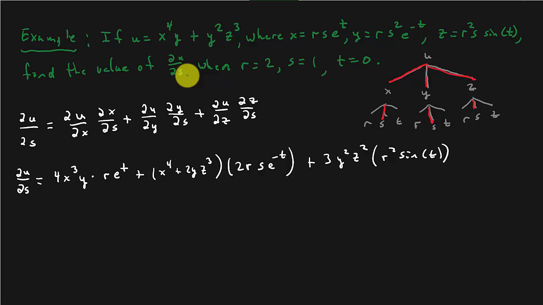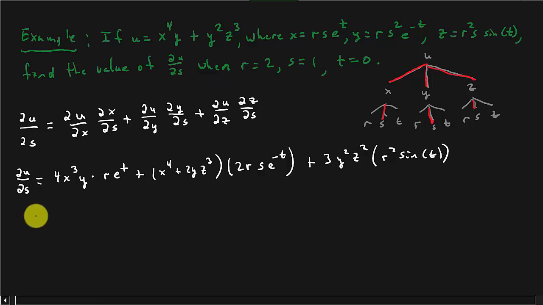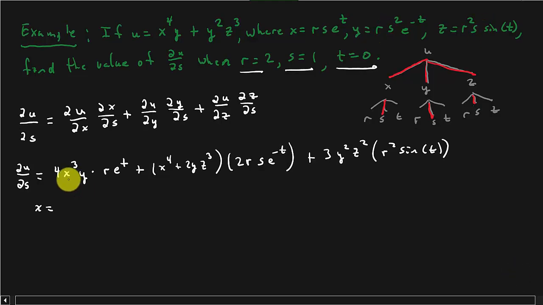So remember, r is 2, s is 1, and t is 0. We're going to take each of those and figure out what x, y, and z are. I could plug all of this mess in there, but that's just going to make it look nasty.